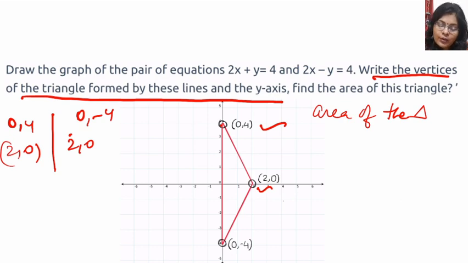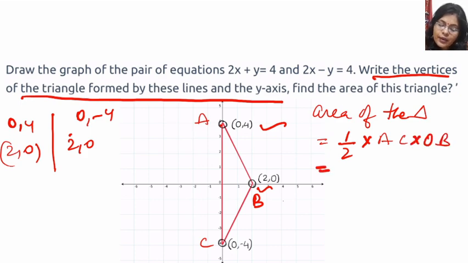Along the y-axis, let us suppose this is point A, this is our C point, and this is our B point. So what will be the area? This is a right angle triangle, we can very easily see. This will be along the y-axis, meaning x is equal to 0. So this is our y-axis. The area of triangle ABC will be half into AC into OB.